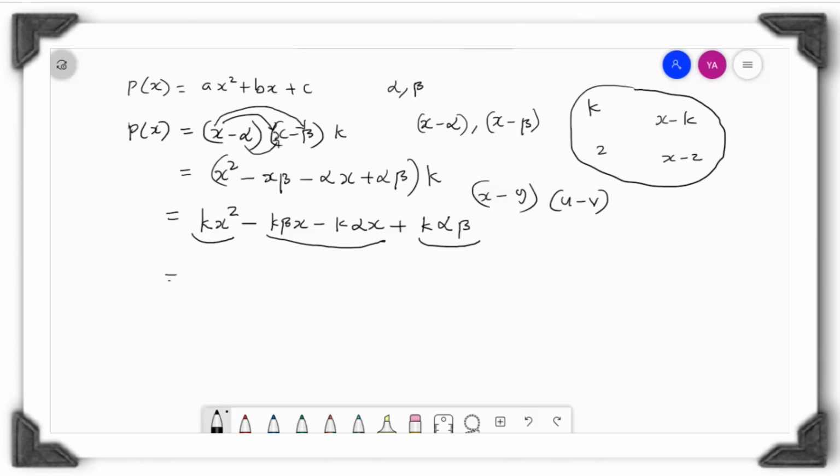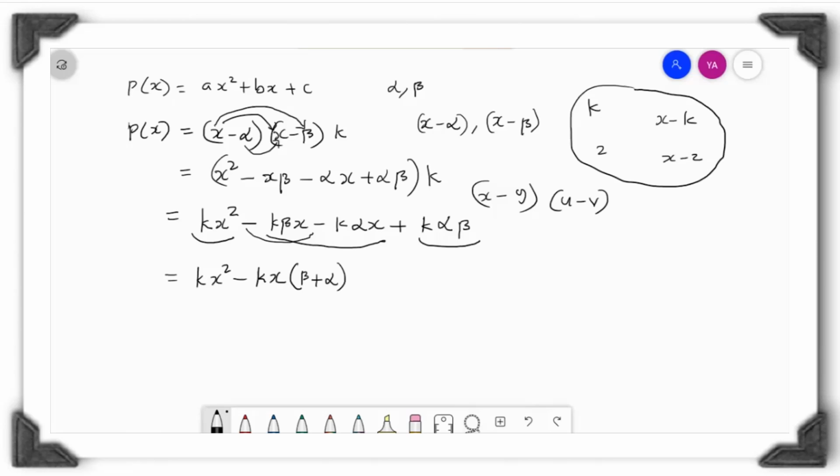So what will you get if you add minus k beta x and minus k alpha x? You can take minus kx outside the bracket. Kx is common, right? So you take minus kx outside the bracket. So what will be inside the bracket? Beta plus alpha.